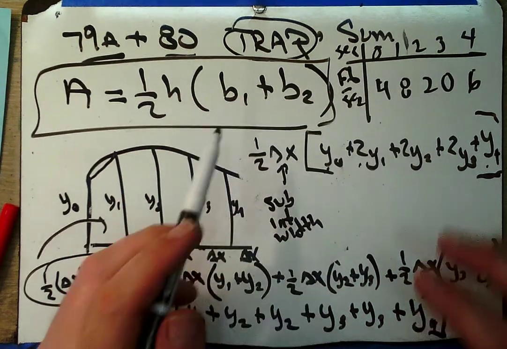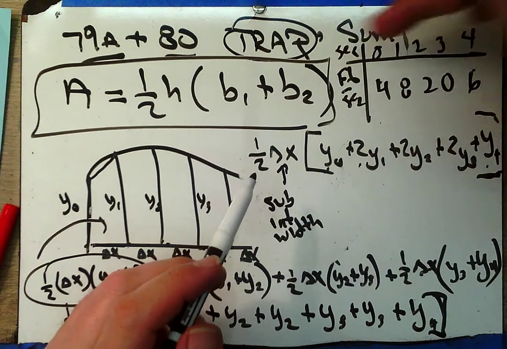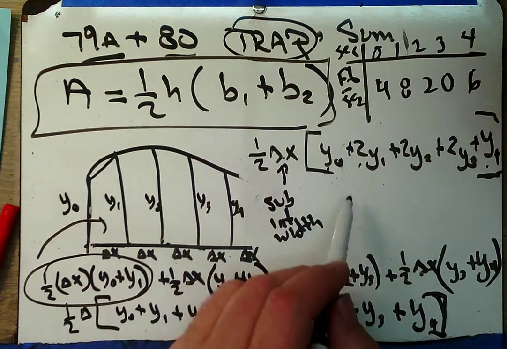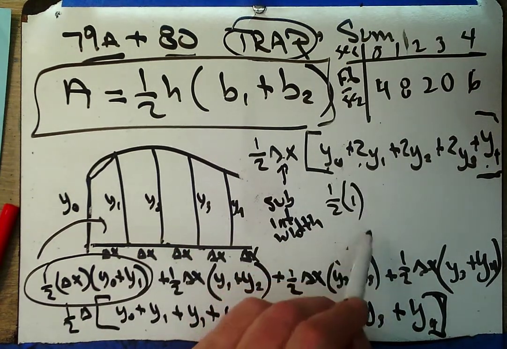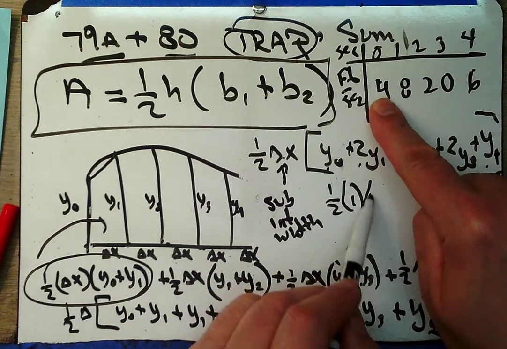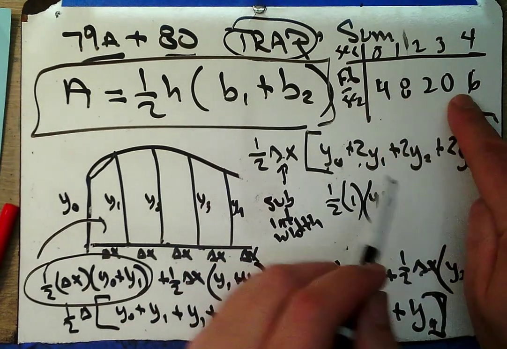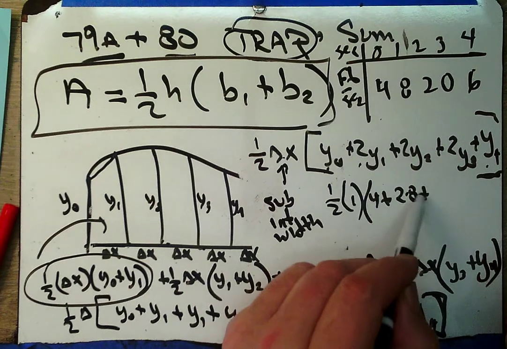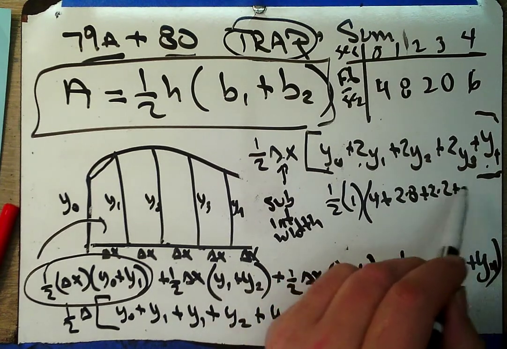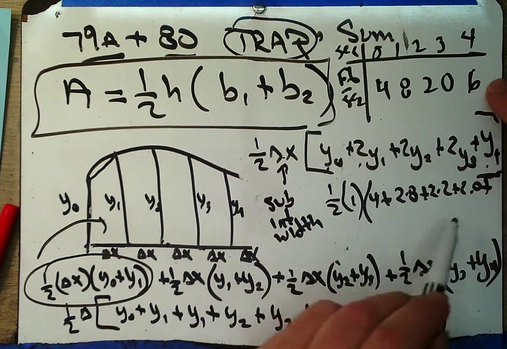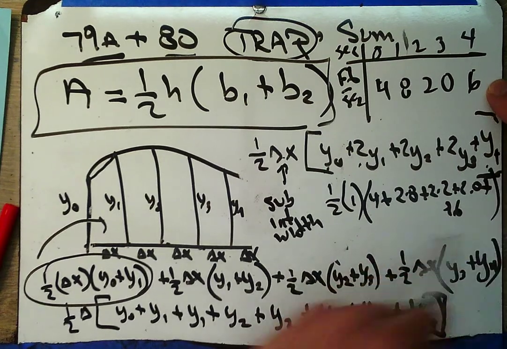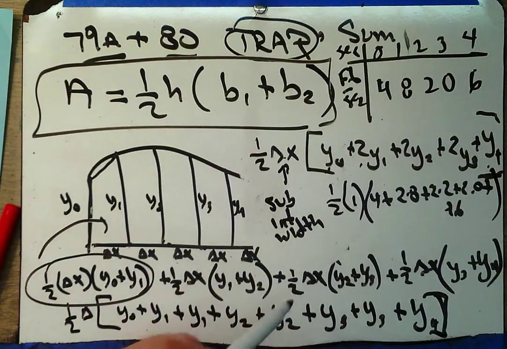Well, the subinterval width is the same. I have a subinterval width of 1, so 1/2 times 1, 1 of the first heights plus 2 of all these middle heights, and only 1 of this last one. And that's it. That's all I have to do.